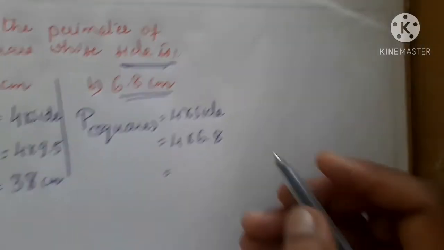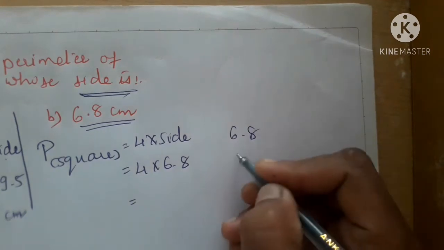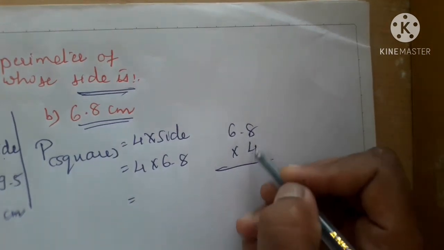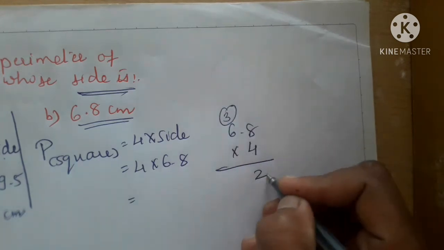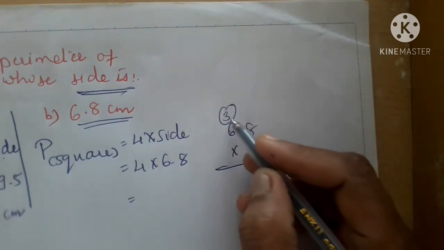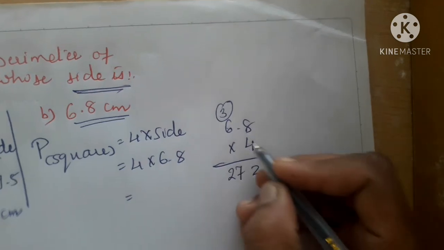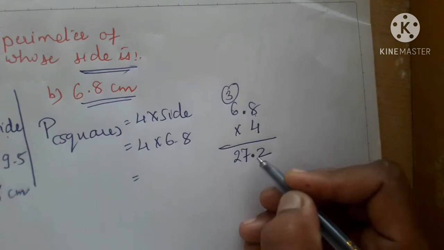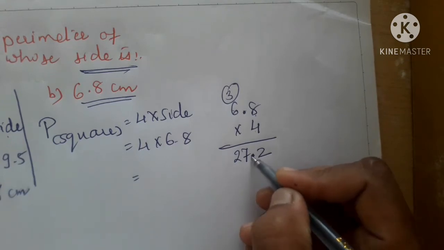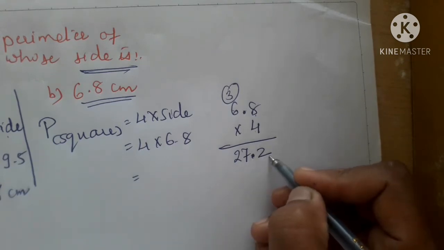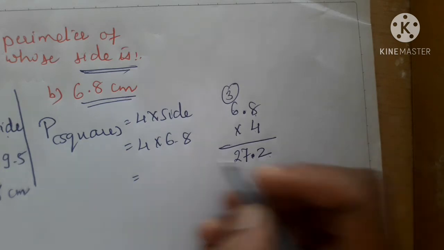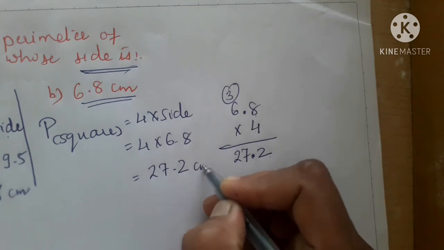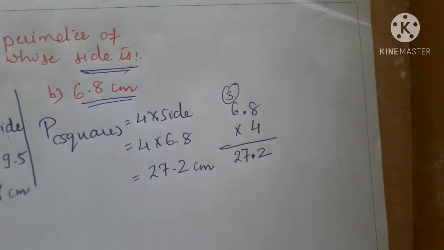Now when I multiply 6.8 by 4, what do I get? 8 fours are 32, 6 fours are 24 and 3 is 27. After the decimal point 1 digit, so I will place my decimal point here so that after the decimal point 1 digit remains. Fine. So my answer is 27.2 centimeter. Right?